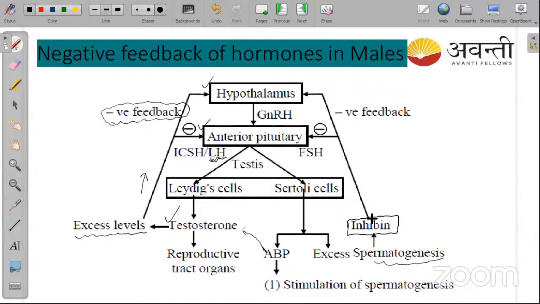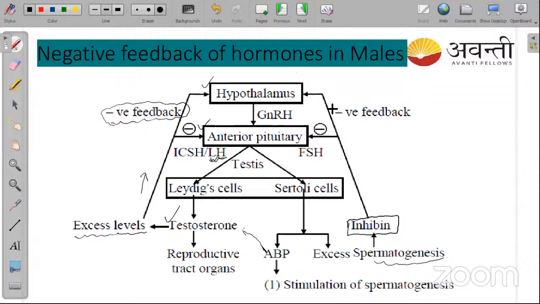Okay, this inhibin sends a signal, and due to this signal the hypothalamus stops its process. That means it does not release GnRH, and the anterior pituitary does not release FSH. So the function of inhibin is to stop the reaction.